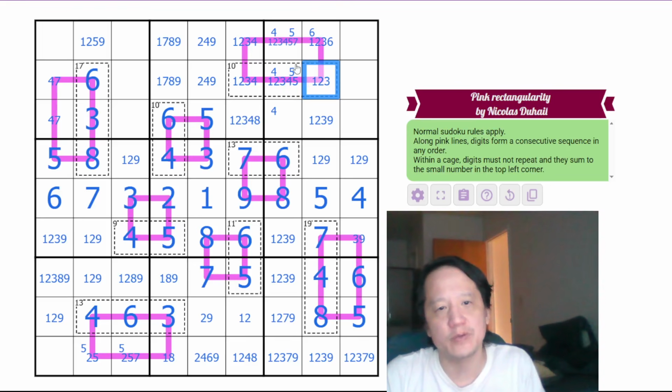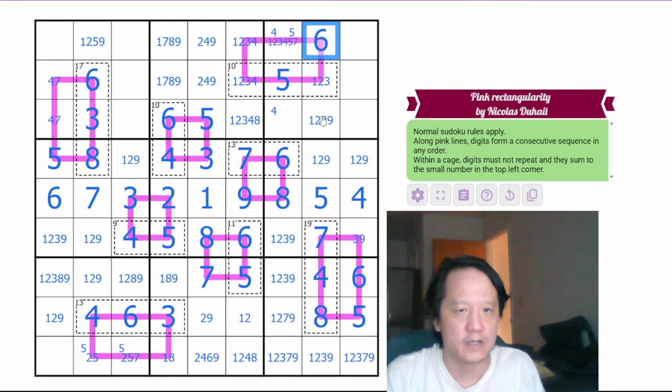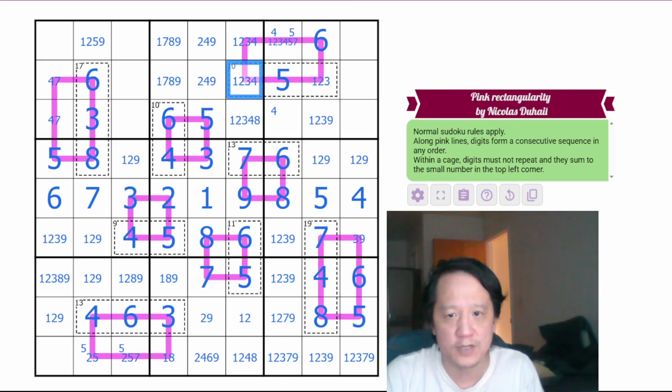So this cannot be 1, 3, 6. It's 1, 4, 5, or 2, 3, 5, adding up to 10. Either way, there has to be a 5 there. There has to be a 6 on this red band, so it has to be here. So that's 6 there. So again, this is 1, 4, 5, or 2, 3, 5. So this can't be 1 here.